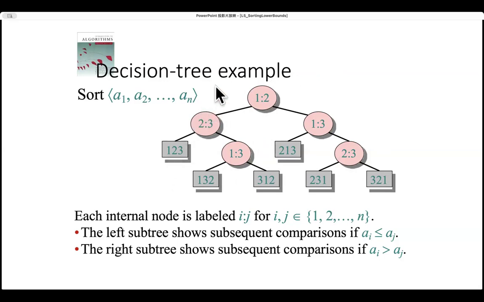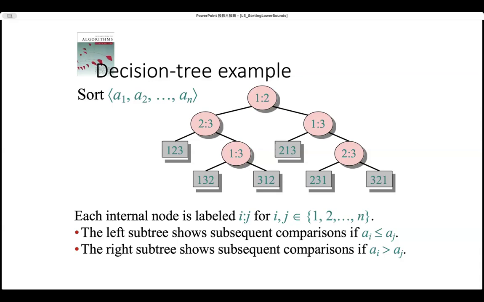Of course, this particular decision tree that we present here is a special case in the sense that we only have three numbers. But you could imagine this idea can be generalized to n numbers.